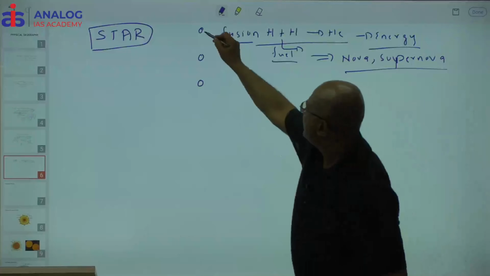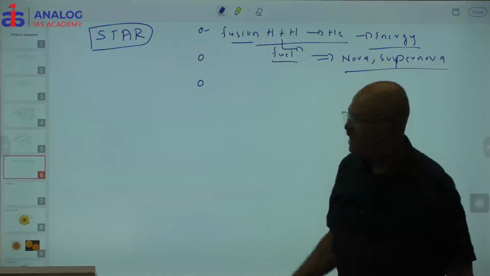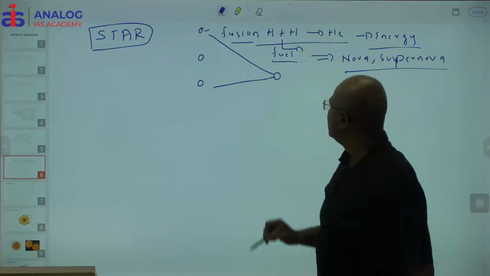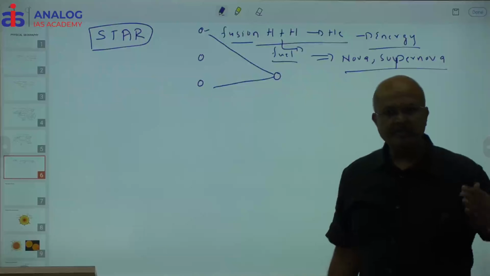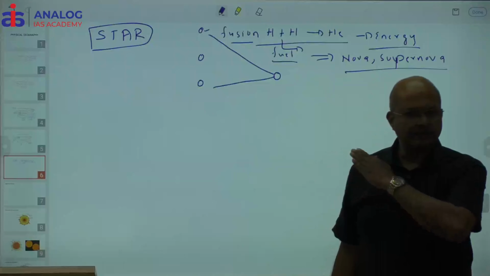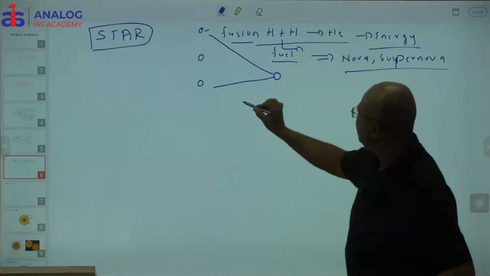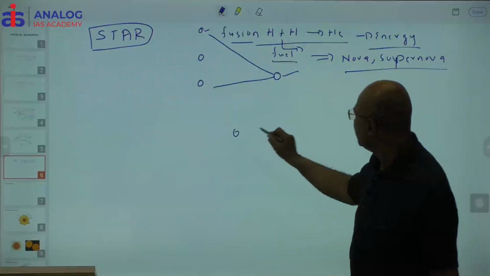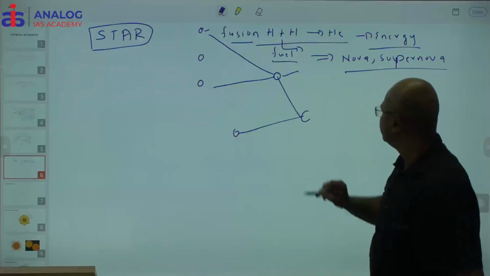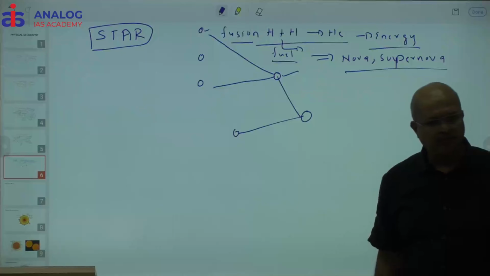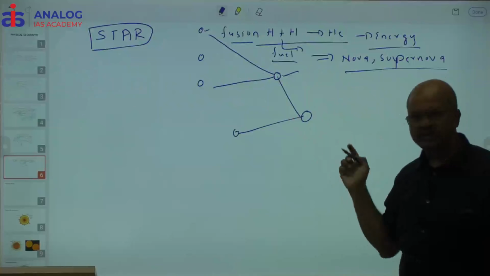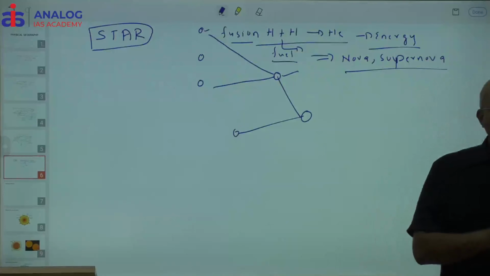So these stars will undergo supernova, and then the ejected material combines and forms new stars. This is how new stars are formed, and this star will also undergo supernova, and one more star will undergo supernova, and then a new star will be formed.